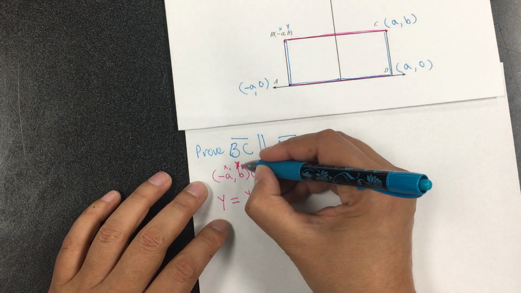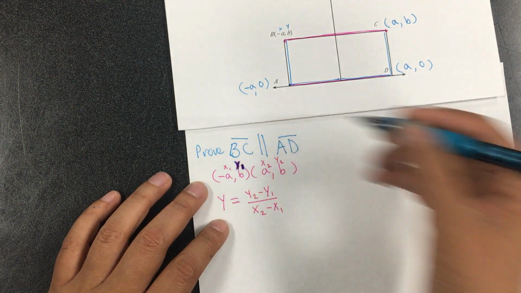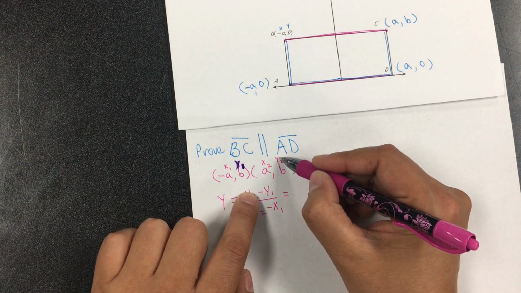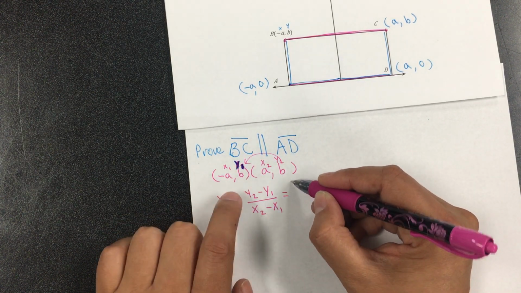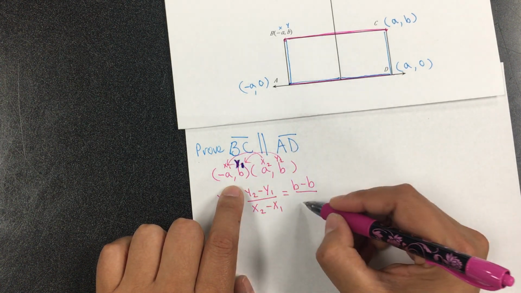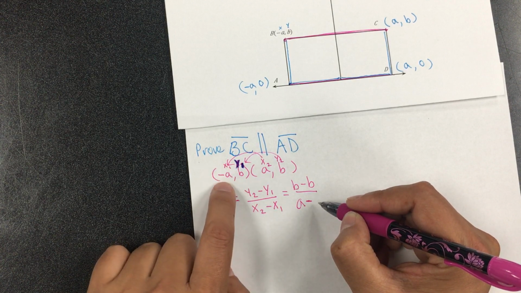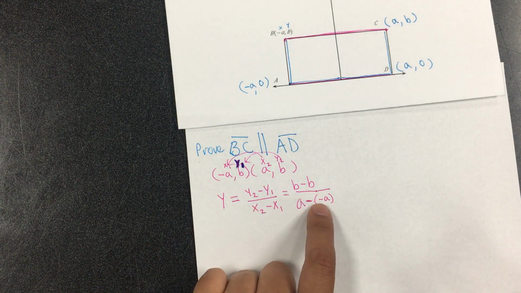Okay? And I hope you don't get confused because of my messy writing here. Okay, so y2 is right here minus y1, so it's b minus b over a minus, from the formula, but then x1 is negative a, so I'm going to put negative a right there. Some people like to put it with parentheses, other people don't. That's fine. Either way is fine.